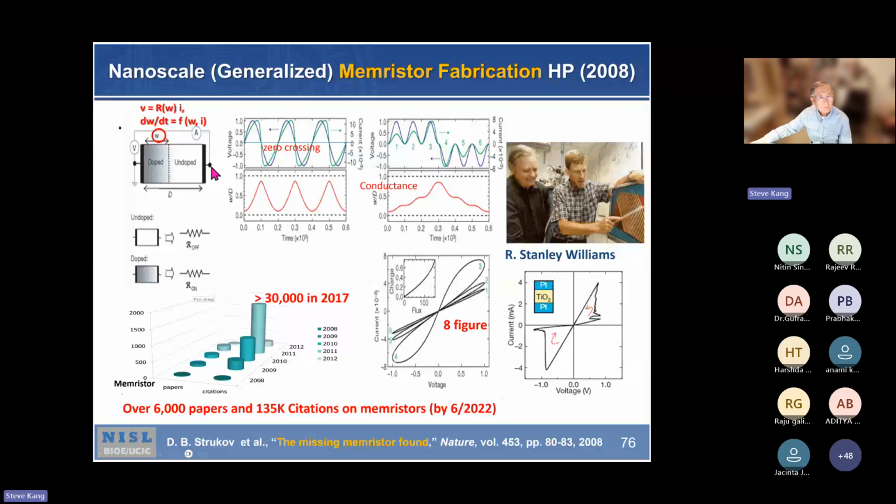If W is undoped, it's high resistance. If everything is undoped, it's R off, high resistance. If it's fully doped, W is all the way to D, then it's R on, a small resistance.